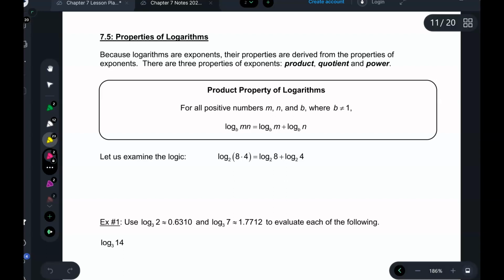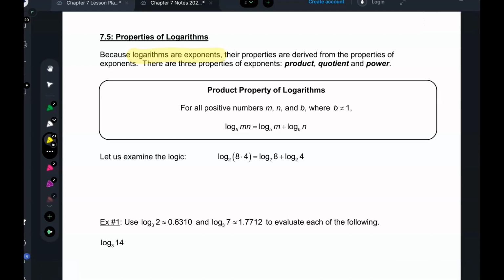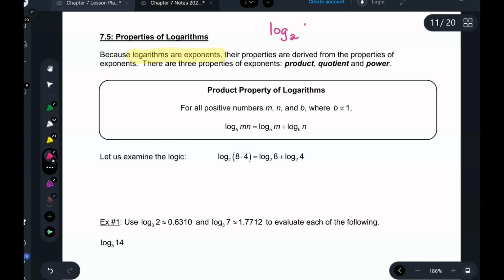What are logarithms? They are exponents, right? Remember how in the last lesson we said, if you have log base 2 of 8, what is that logarithm equal to? It's saying 2 to what power gives us 8? 2 to the third power, right?